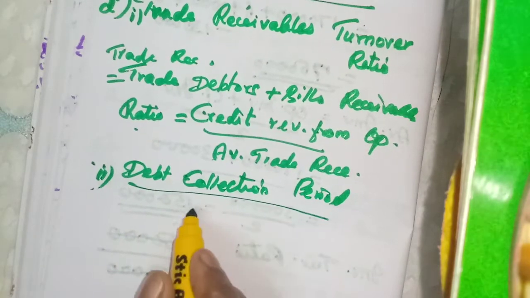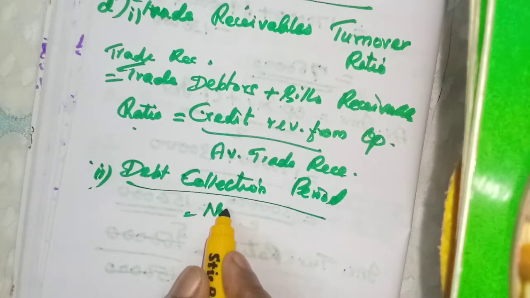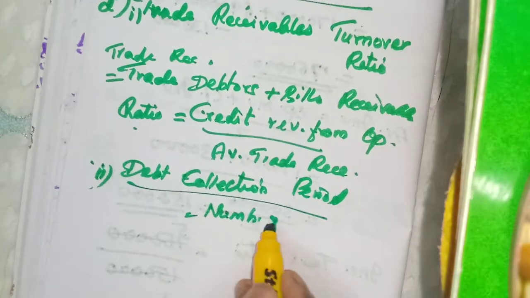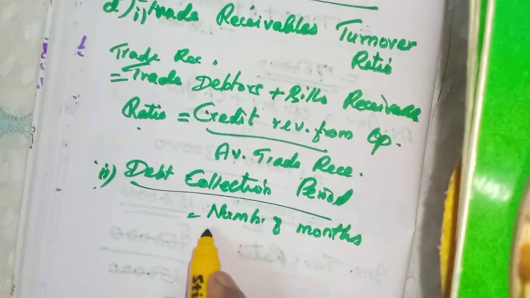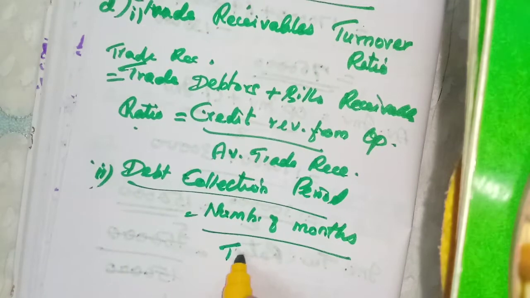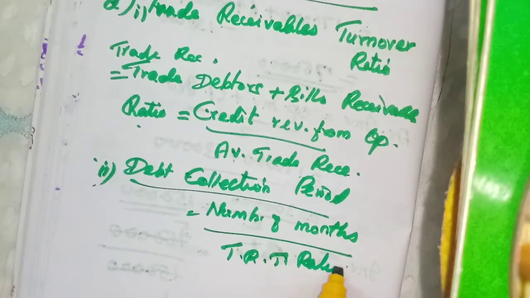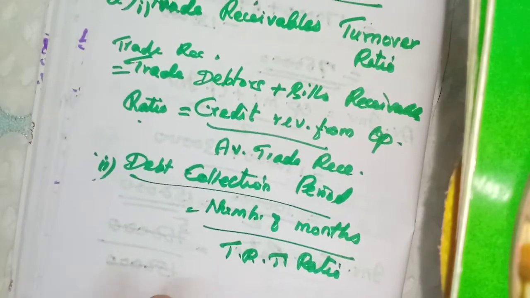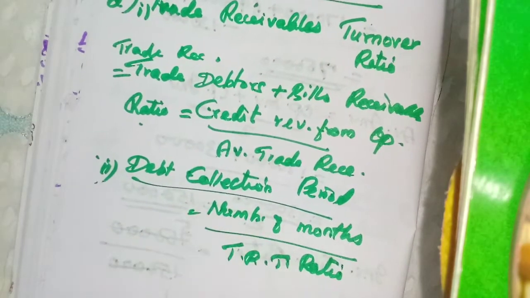So either it is days or number of months: number of months in a year divided by trade receivable turnover ratio. What we have calculated, you have to put down here, the number of months.